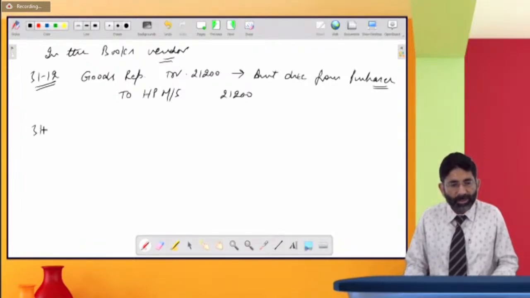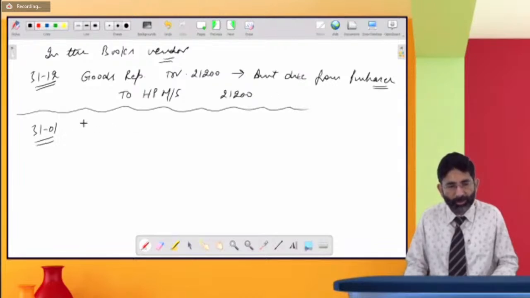If it is acquired on 31st of January next year, then he will pass entry of interest in his books of accounts. HP Messrs debit 106 to interest 106.